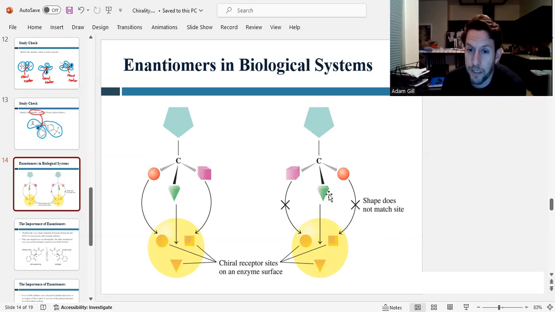But if the orientation of those groups was backwards, it wouldn't fit, because now the square and the circle are on opposite sides. The square won't fit through the circle hole, and the circle won't fit through the square hole. And so this version of the molecule would not fit the receptor. And that's the case we see with pharmaceutical drugs. Oftentimes, only one enantiomer will fit and the other one won't.